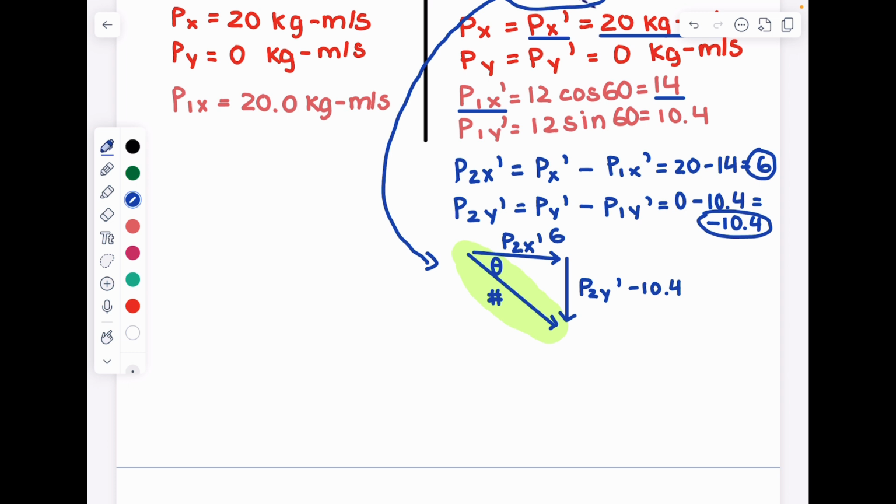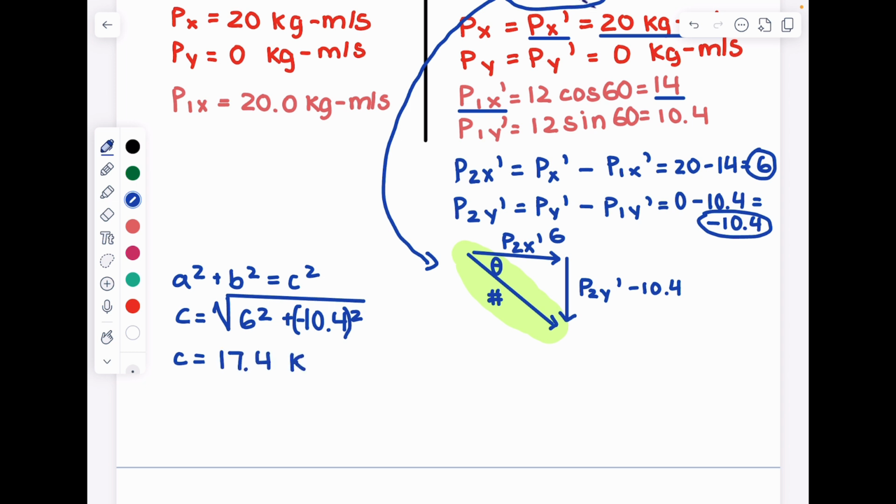So we can use a squared plus b squared equals c squared, Pythagorean theorem, to figure out the magnitude. So c equals the square root of 6 squared plus 10.4 squared. I'm just going to put 10.4 because it's going to square away anyway. So solving for that component, we get 17.4 kilogram meters per second.